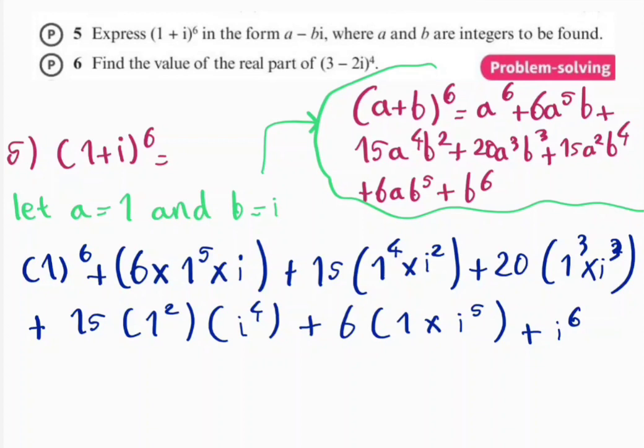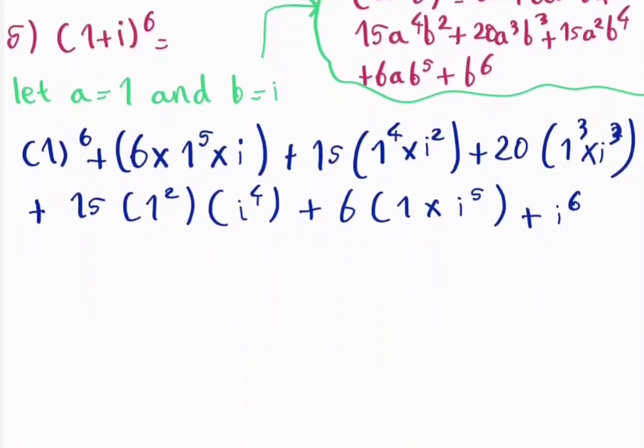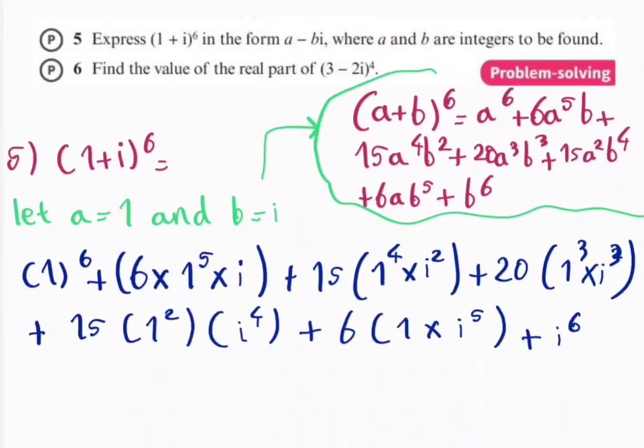It's worth mentioning, as I showed you in the previous video, that i to the power of 1 is just i. Then i squared is i times i, which is minus 1.